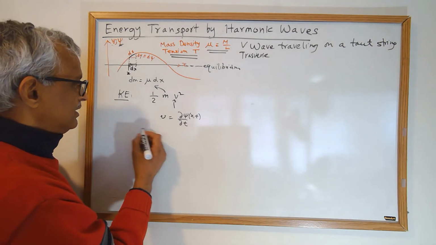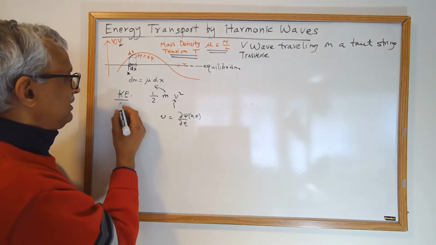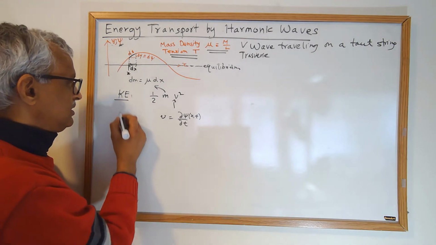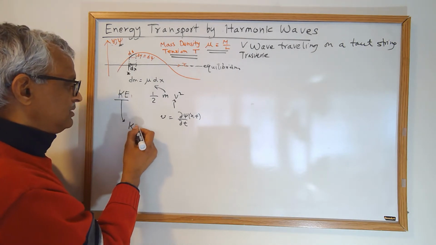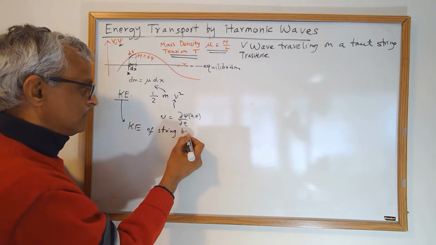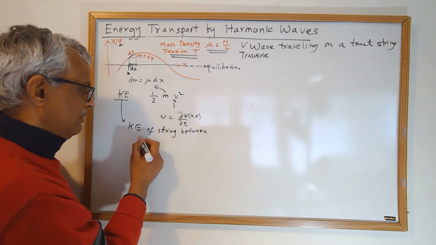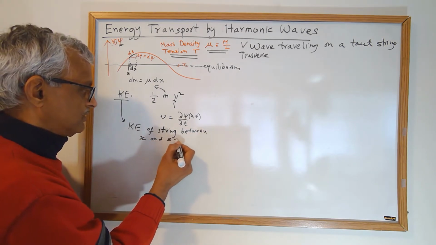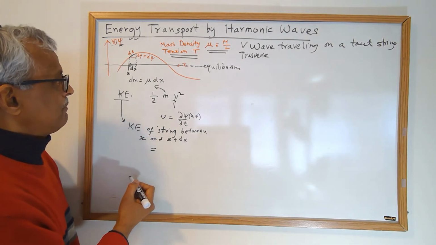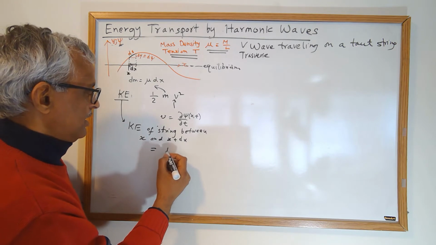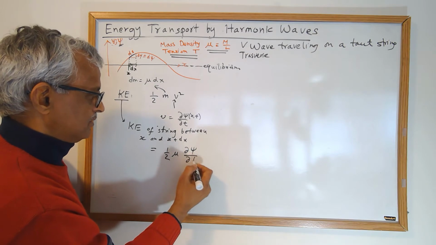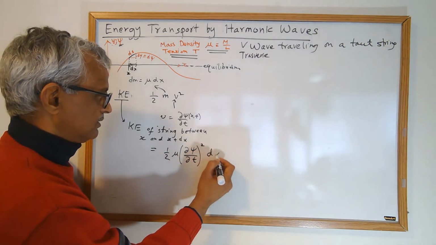So we are going to get kinetic energy, not for the whole wave, but for a string between x and x plus dx. That is equal to half mu d psi dt squared dx.